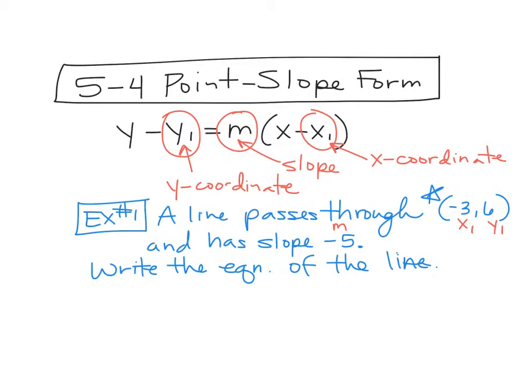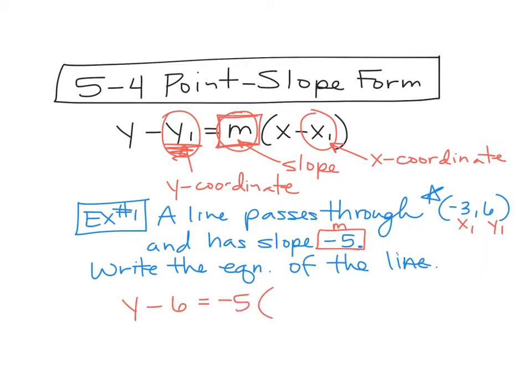So we're gonna take y minus our y1 value. What is y1 right now? 6. So it's y minus 6 equals, what's gonna go next? -5. It's your m, okay? And my m is -5.